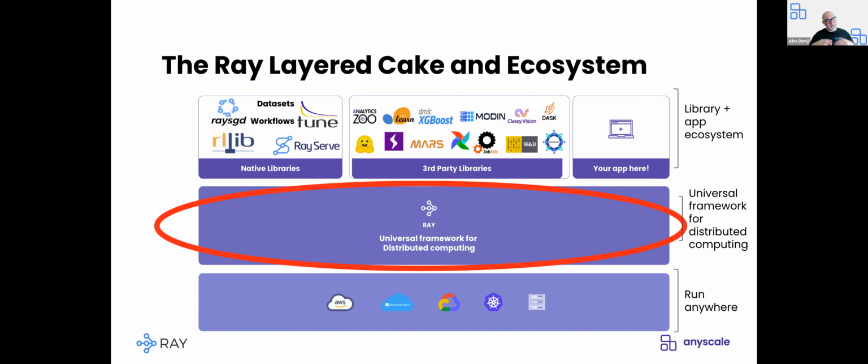So think of Ray as a compute starter that gives you primitive abstractions to write high-level libraries that can scale horizontally across your cluster. That's what I mean by layered functionality of compute that Ray facilitates.